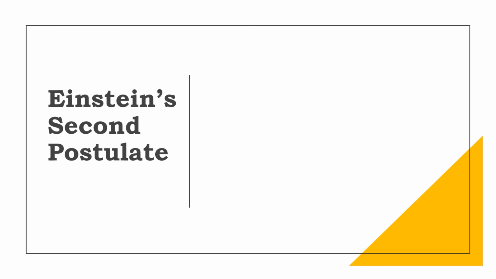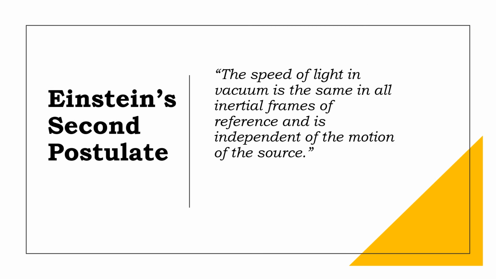The result of the Michelson-Morley experiment supports Einstein's second postulate, which states that the speed of light in vacuum is the same in all inertial frames of reference and is independent of the motion of the source.